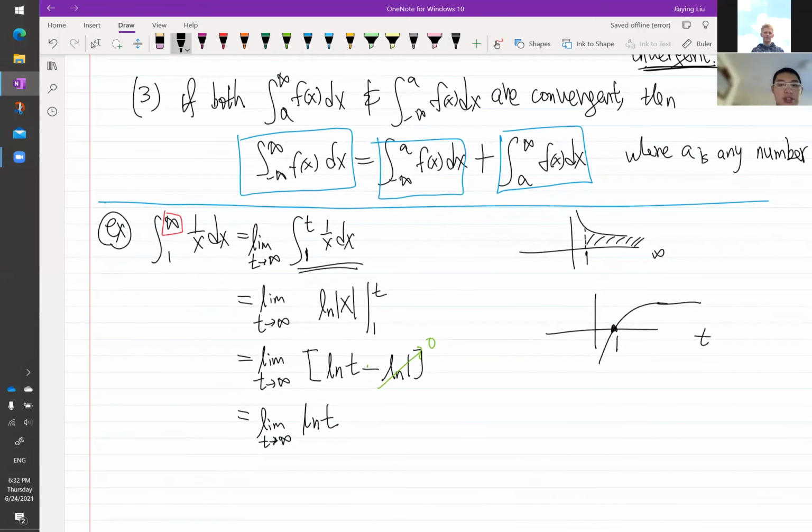And then the next step is to evaluate the natural log of t as t goes to infinity. If you think about the graph of natural log, it goes like this. As t increases, the natural log goes up as well, right? So this part will approach infinity when we take the limit. So this is not a finite number. We were able to find the limit, but the limit is not a finite number.